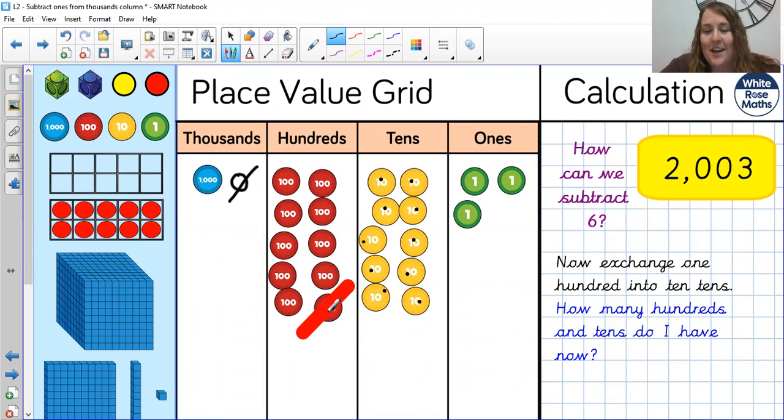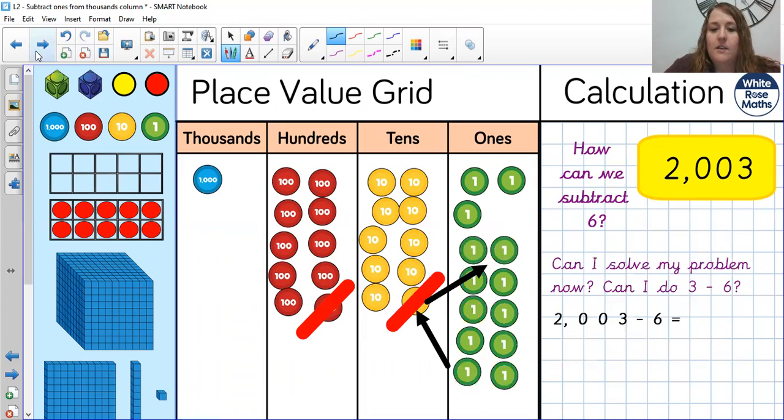Then we are closer and only one more exchange to go. We now have one more lot of ones to do. So again, the final thing I do is cross out my 1 ten and exchange it for 10 ones. 1, 2, 3, 4, 5, 6, 7, 8, 9, 10.